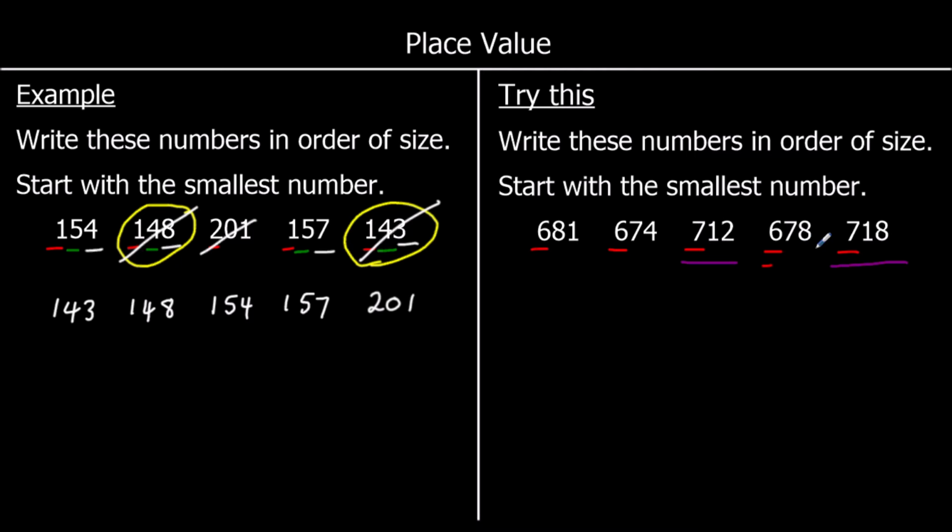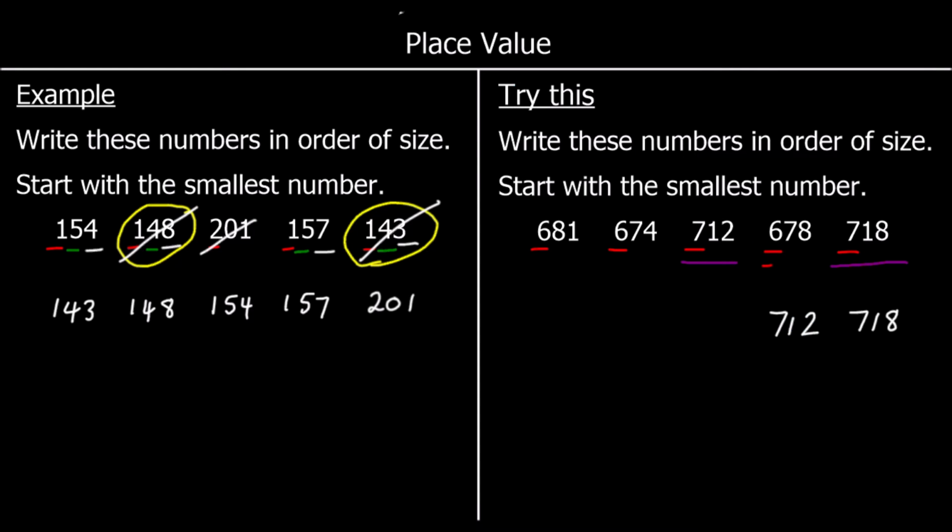If I work out the biggest first, they've both got 7 in the hundreds. They've both got 10 in the tens. So for the ones, we've got 8 and 2. So the biggest one is 718. So that's going to go last. Then 712.